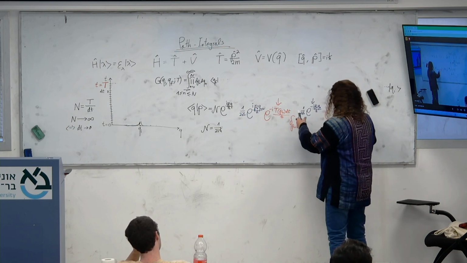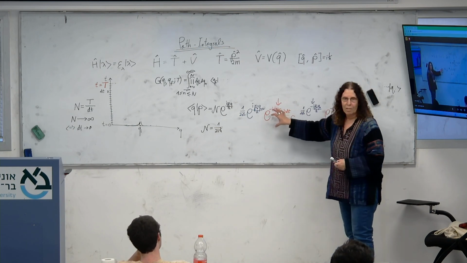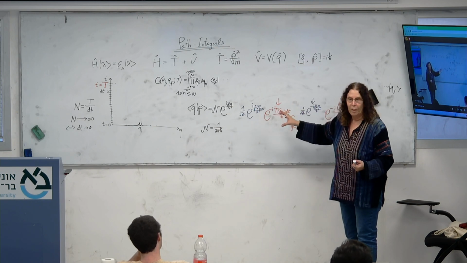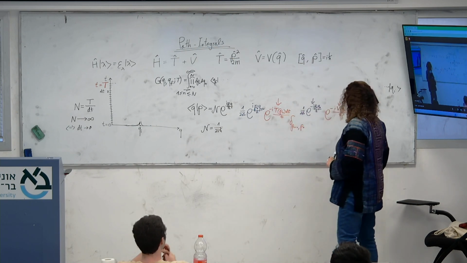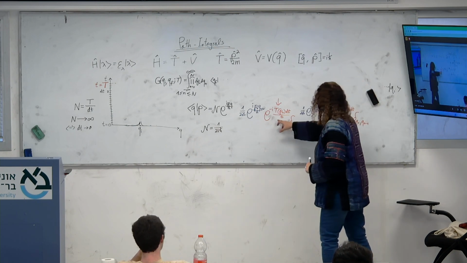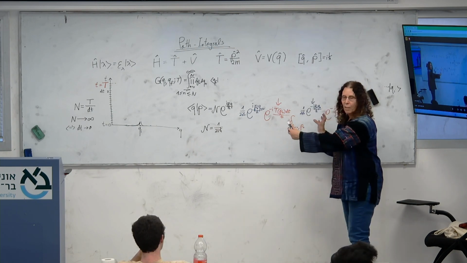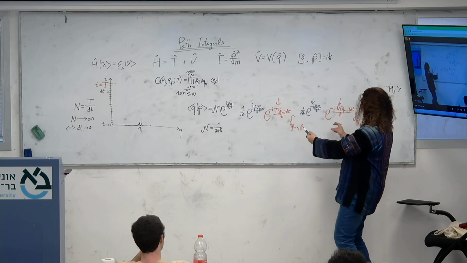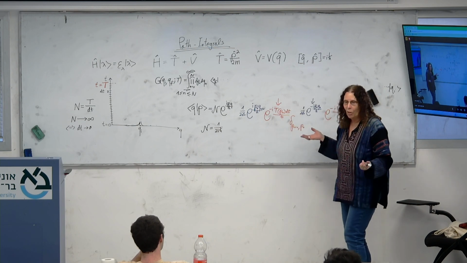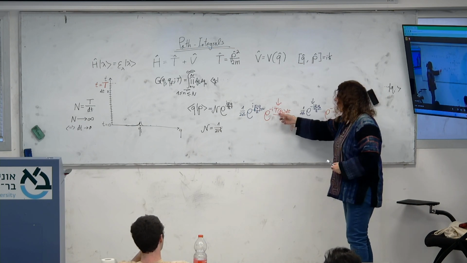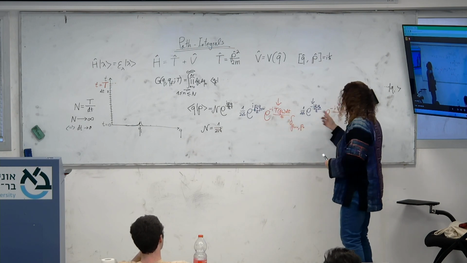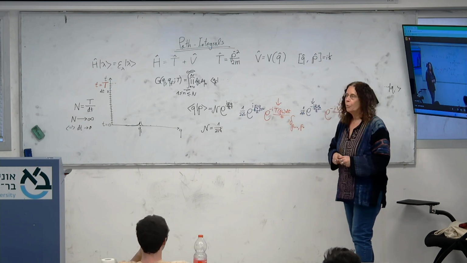So the product of the exponents is the sum. This is now an exact statement. And then what I'm going to get in the exponent, if I unite them, is just T plus V, which is the Hamiltonian, calculated at Q_n and P_n.